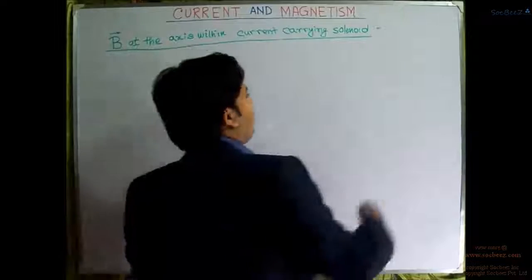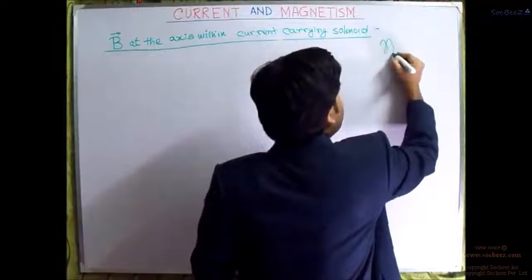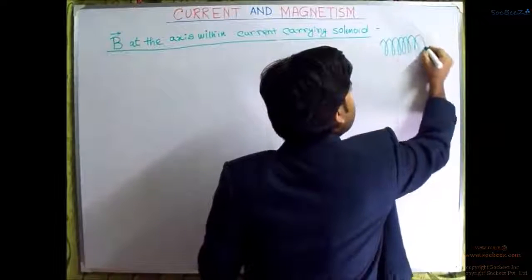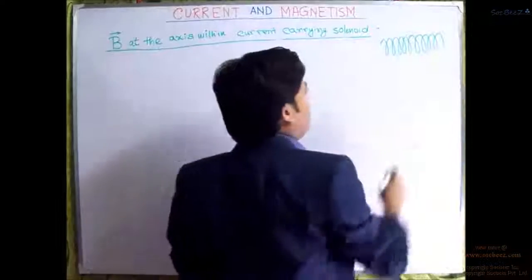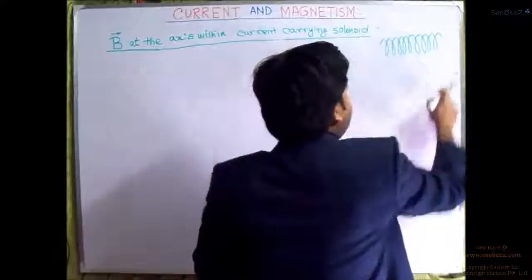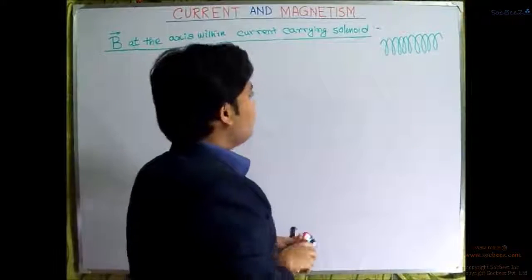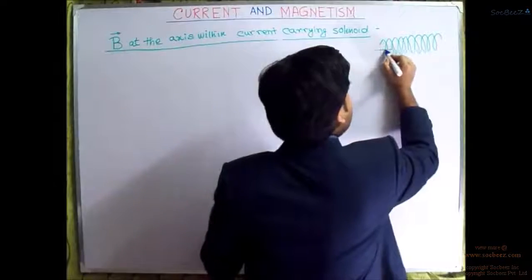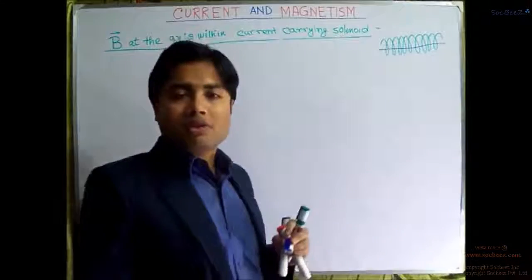For example, this is the case of a solenoid. And over here, the axis is meant about this line which is passing through the center of the solenoid.